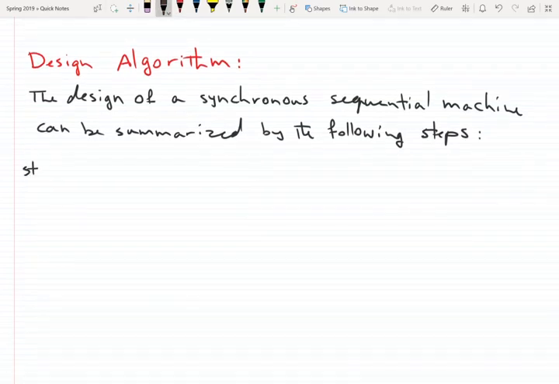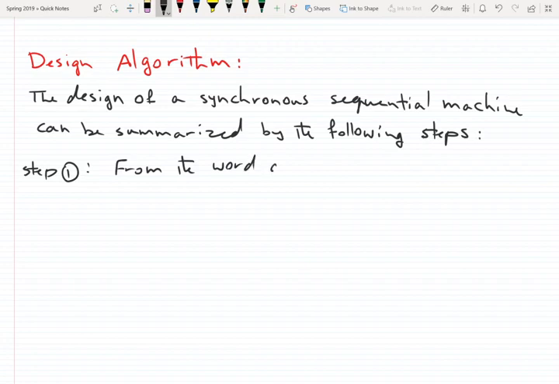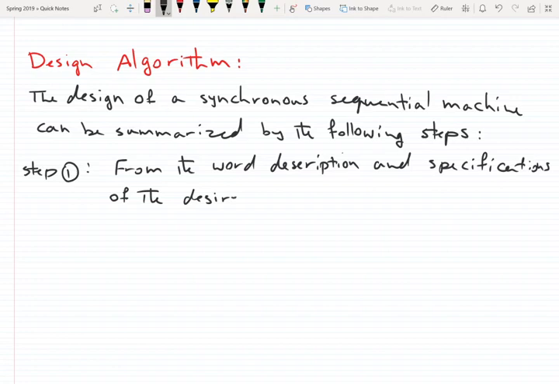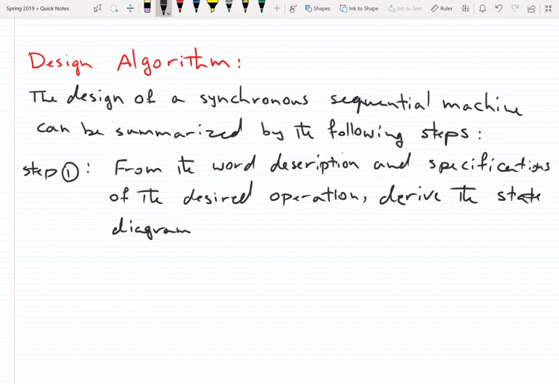Step 1: from the word description and the specification of the desired operation, derive the state diagram for the circuit.